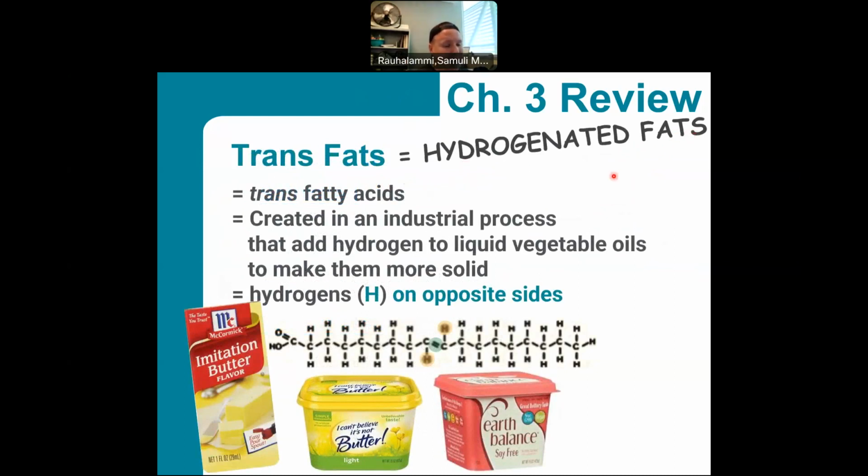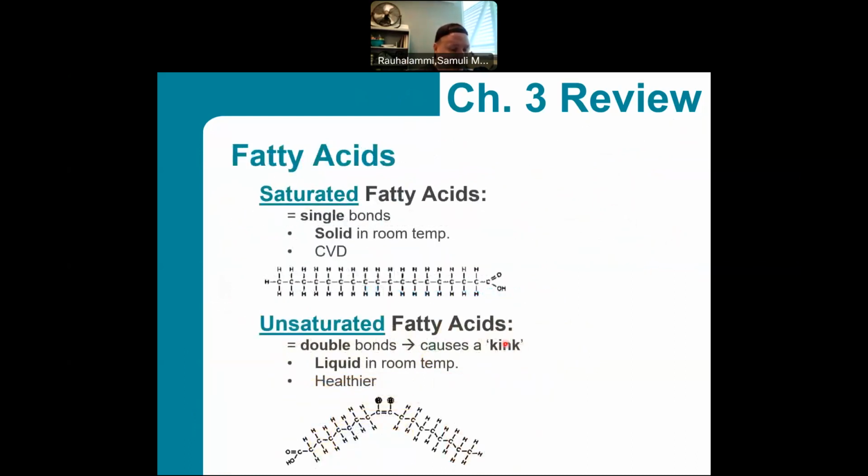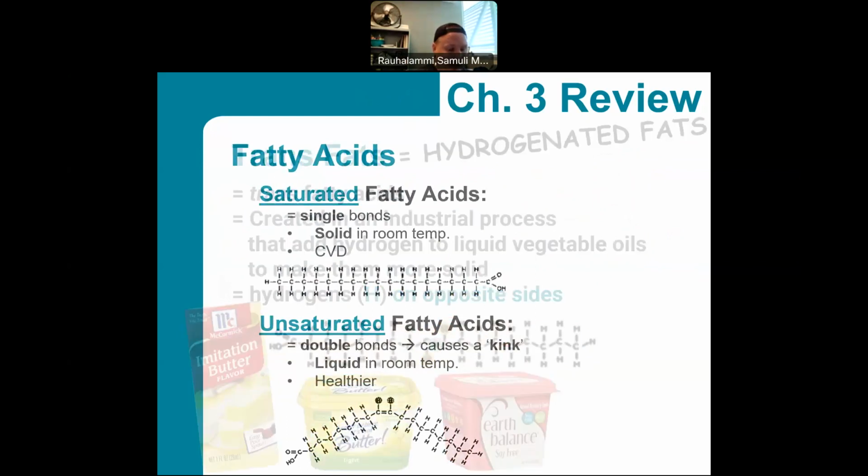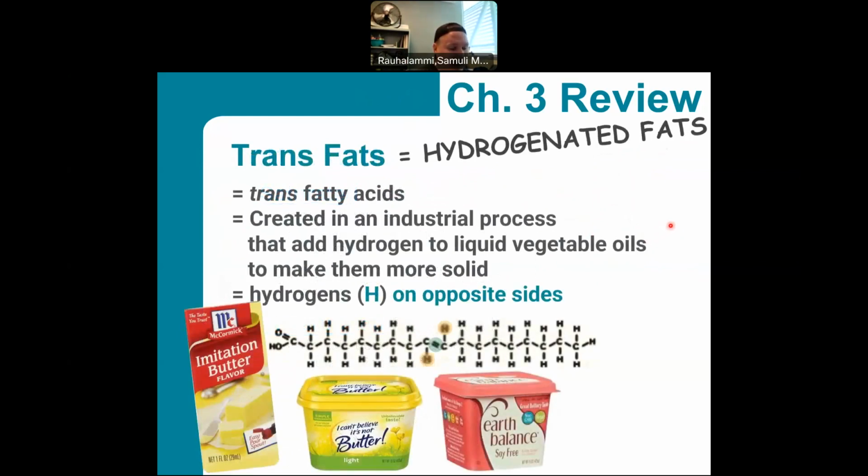These are produced as a result of an industrial process where we take these liquid fats, these unsaturated fatty acids, and we add hydrogen into their structure to convert them into more solid substances at room temperature.